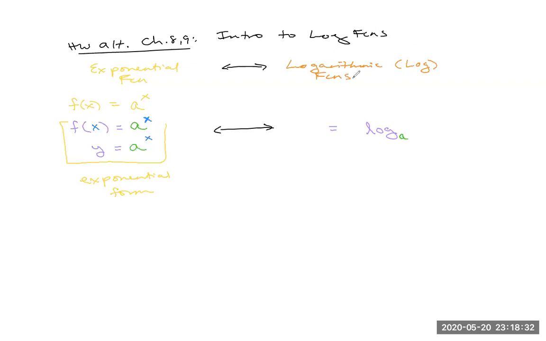Actually, let me not color code real quick. Okay, so let's try this just in black for a moment. So I'm going to put my log. Your base is going to go right below log. Your exponent is going to go on the other side of the equal sign. And then your y value, which is called the argument, is going to go right here next to the log.